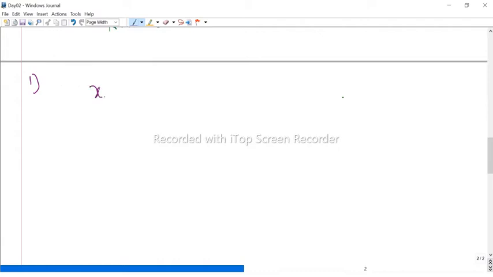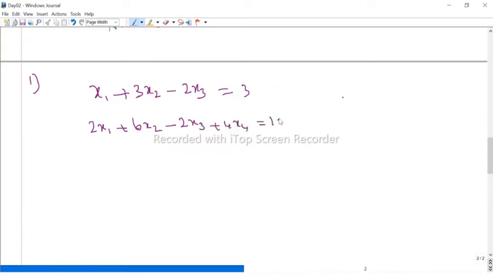So x1 plus 3x2 minus 2x3 equals 3. This is the first equation, and then the second: 2x1 plus 6x2 minus 2x3 plus 4x4 equals 18, and then x2 plus x3 plus 3x4 equals 10.